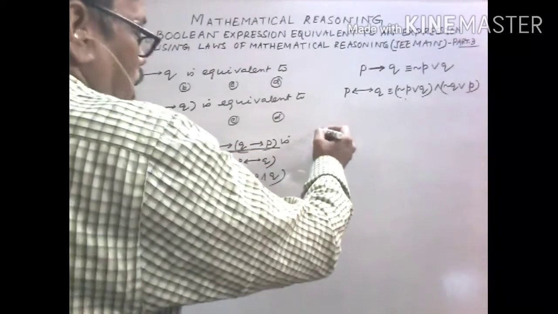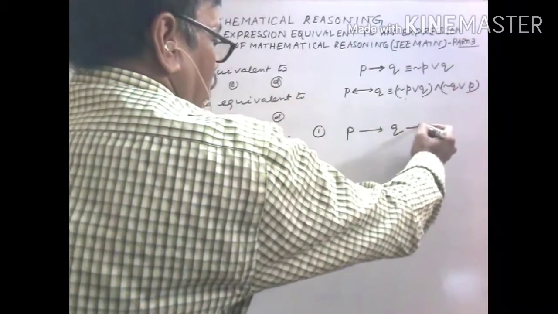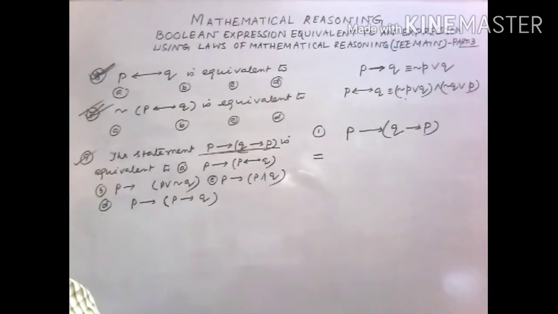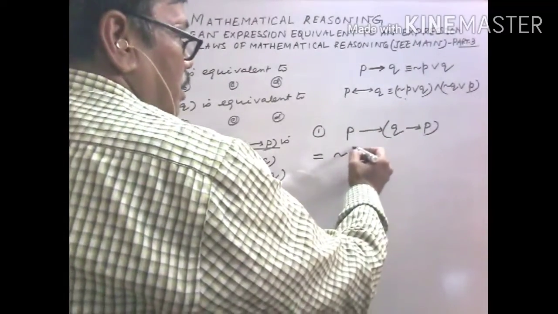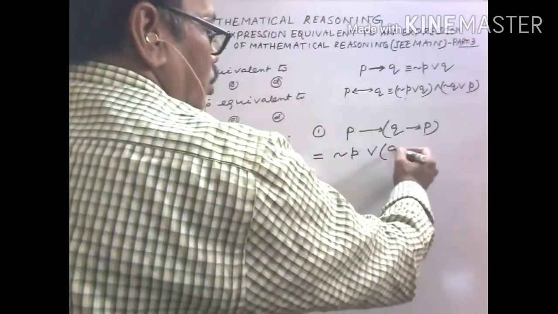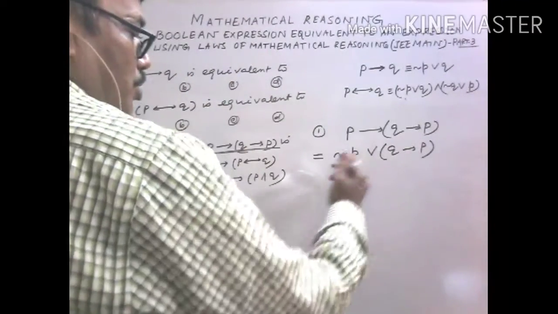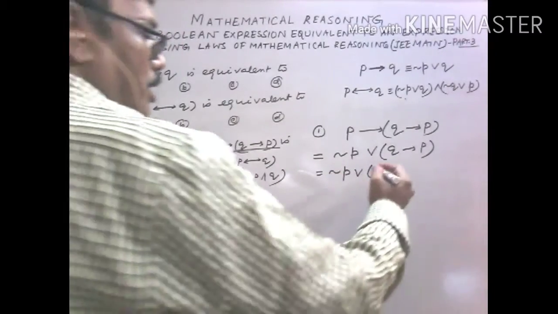So we simplify this one: P arrow Q arrow P. What is our definition? P arrow Q is negation P disjunction, and this one unchanged. Now again use the definition of arrow.